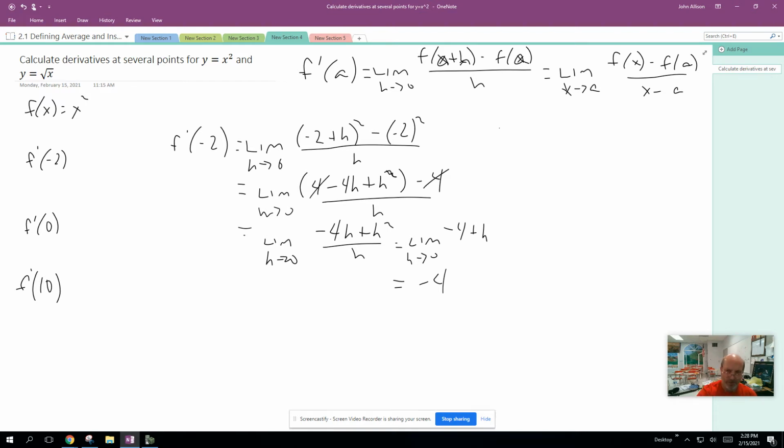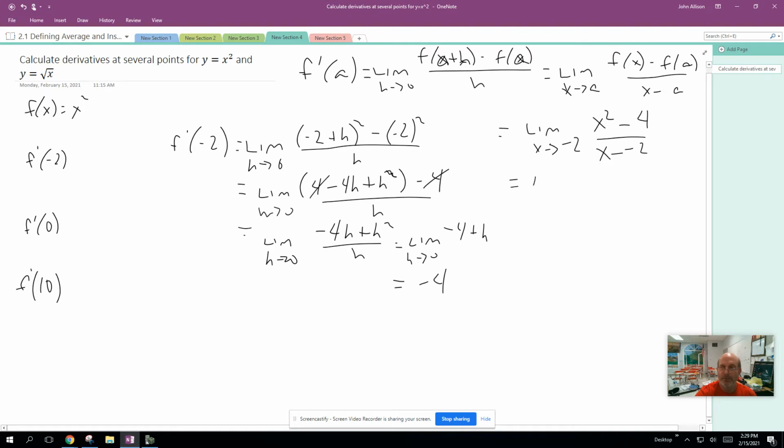Let's apply this other definition and see if we get the same thing. So we have f of x, which is x squared. Oops, forgot the limit. Limit as x goes to, in this case, we have -2 is a. f of x is x squared. And f of a is -2 squared, so we're going to minus -2 squared, which is 4. This is going to be x minus a, which is x minus -2.